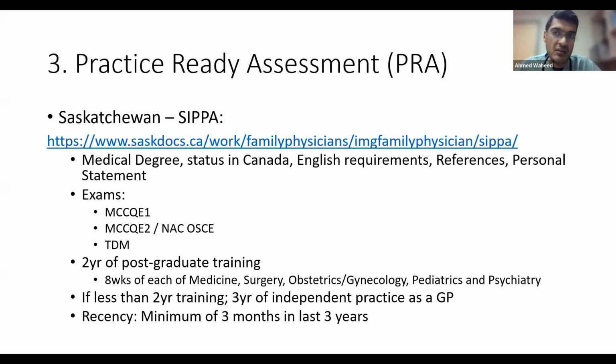Okay, so 1:3. So 1 year less, go 2 years less, then go for the 3 years of independent practice. Okay, so what it means is rather than 48 months of training, you have done 47 months of training. They are very strict. Then you need to show 3 years of independent practice.